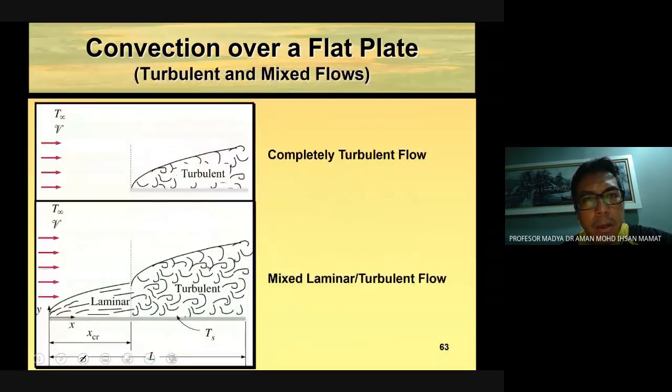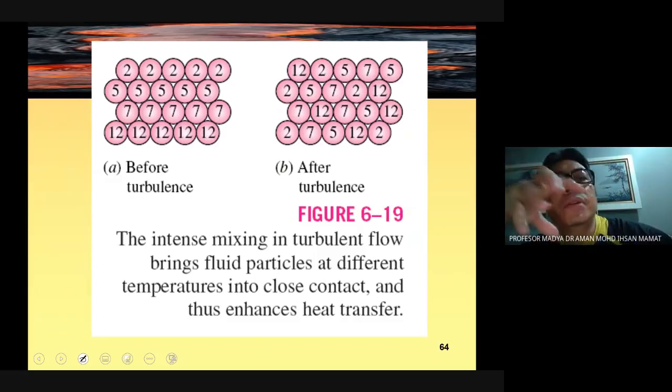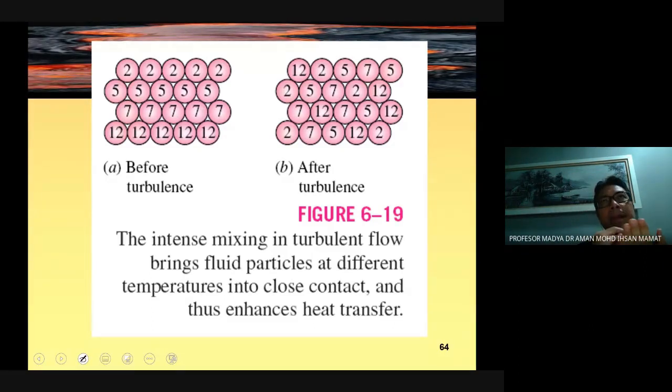Okay, so let's move to the entire flat plate with the condition for turbulent, and mixed laminar plus turbulent. So what does it mean by turbulent? Turbulent is the chaotic flow. Because you can imagine that when the flow is in a condition of low energy, the molecules will not interact much with each other.